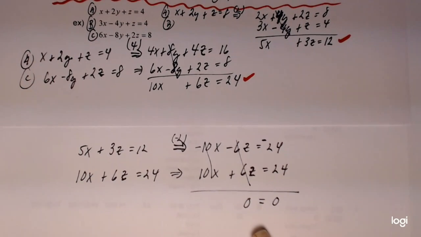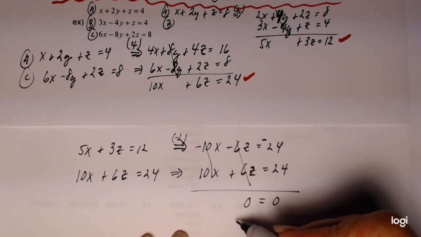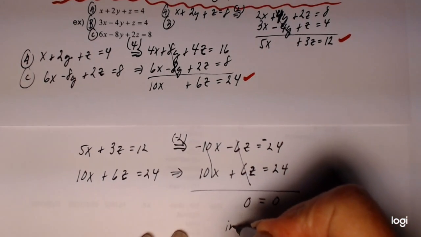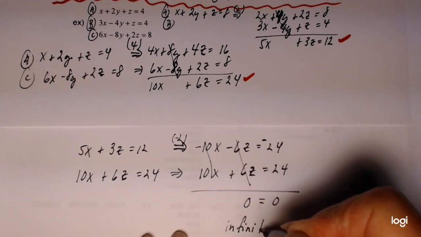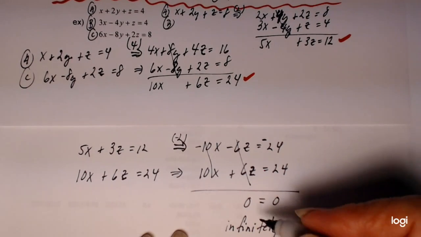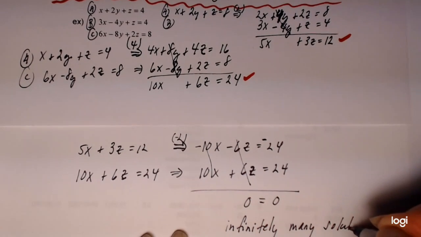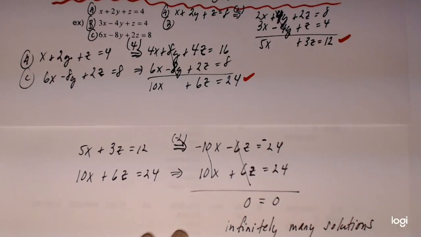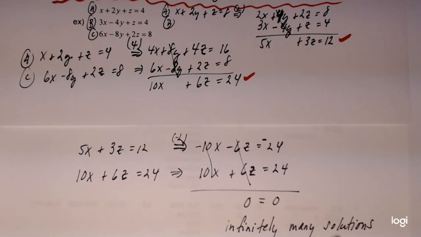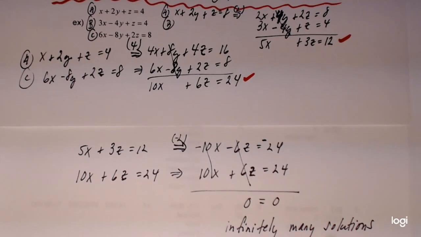This is a true statement. 0 does equal 0. So in this case, there are infinitely many solutions. What this says is that you can pick a value for x, y, and z, and they will work in this solution.